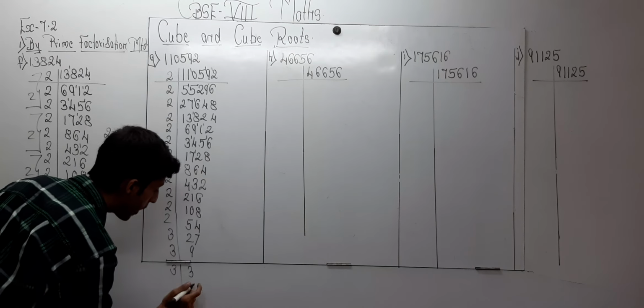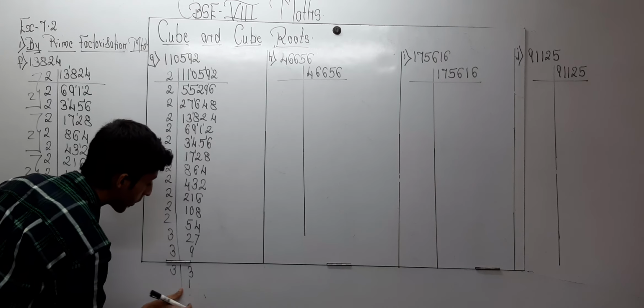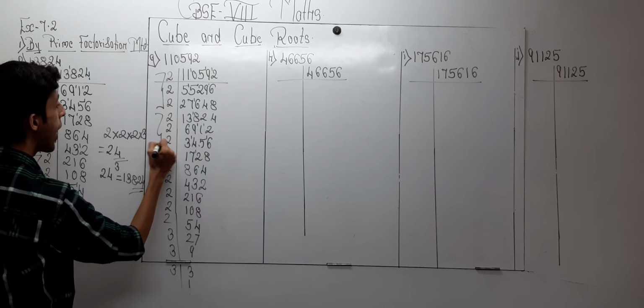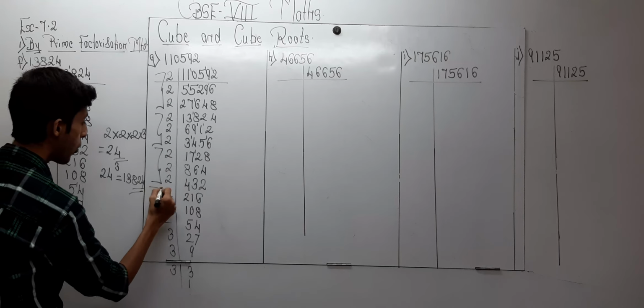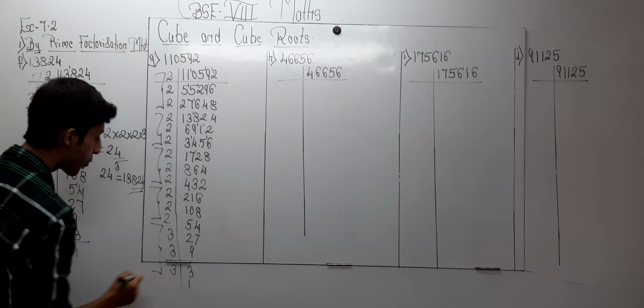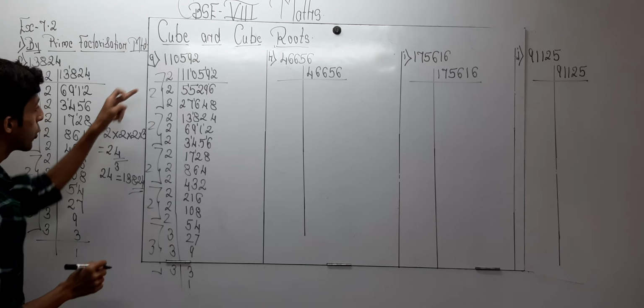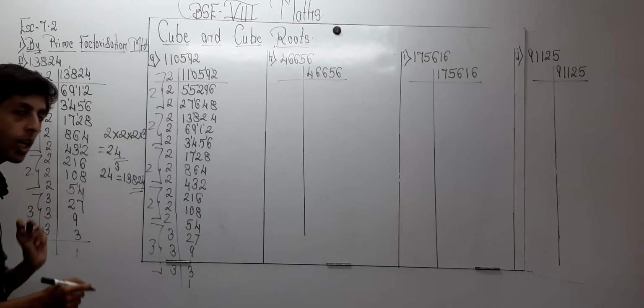So over here a pair of 2, a pair of 2, a pair of 2, a pair of 2 and a pair of 2. So over here 3, 2, 2, 2 and 2. So 2 to the 4, 4 to the 8, 8 to the 16.